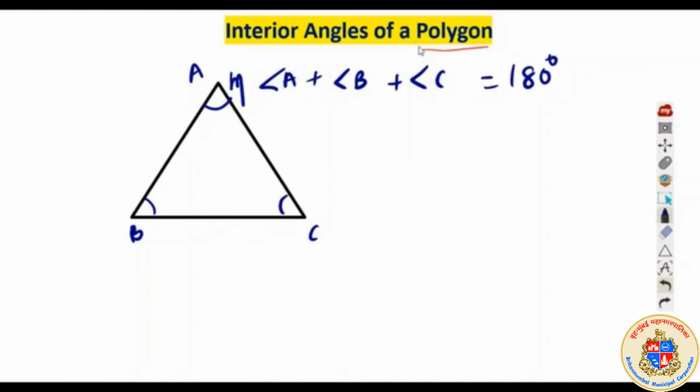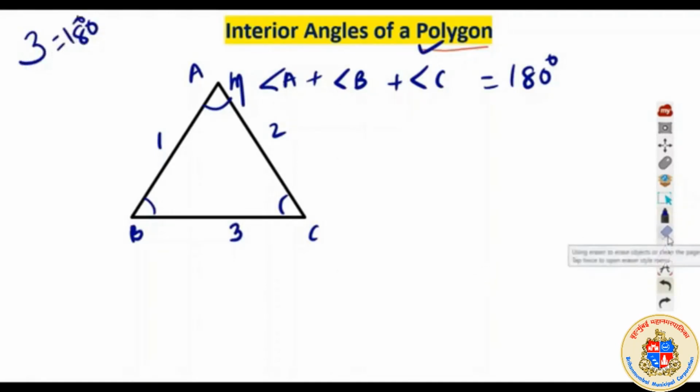So this is a three-sided polygon, 1, 2, 3, and I got 180 degrees as the measure of its interior angles.